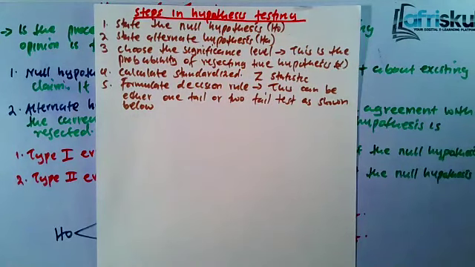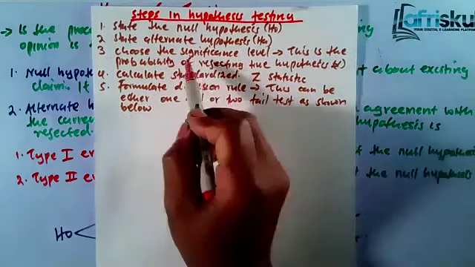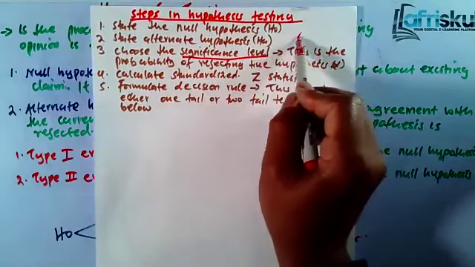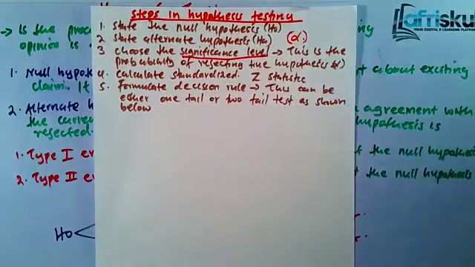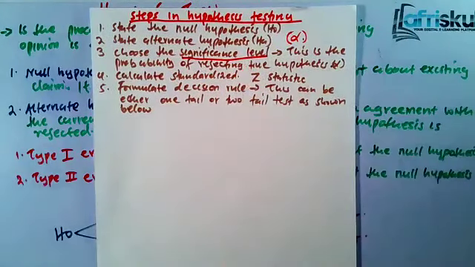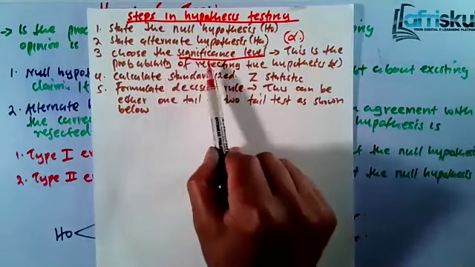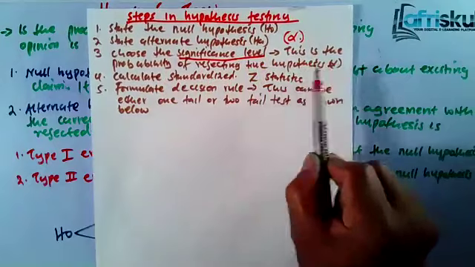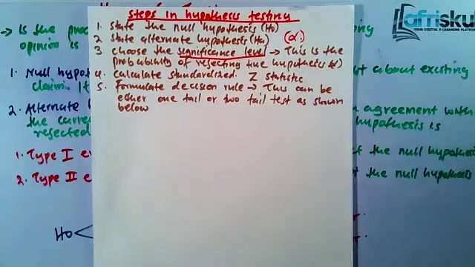After that, you choose what we call a significance level, denoted by alpha. And what's significance level? Significance level is the probability of rejecting a true hypothesis. That's what we call significance level.